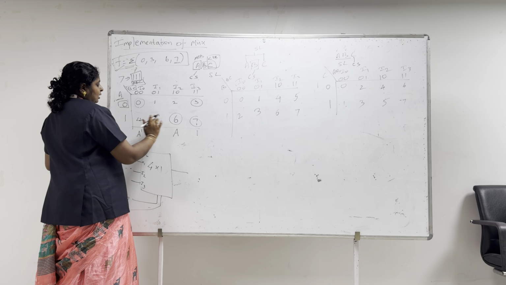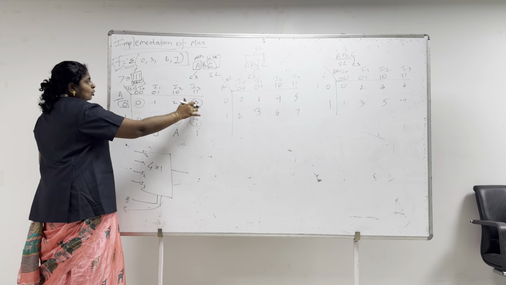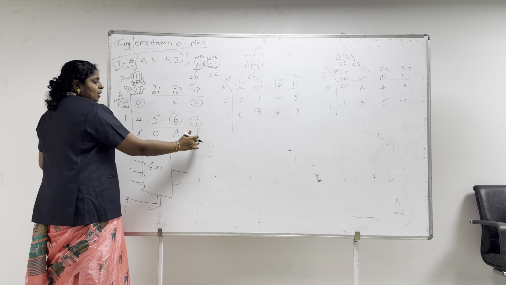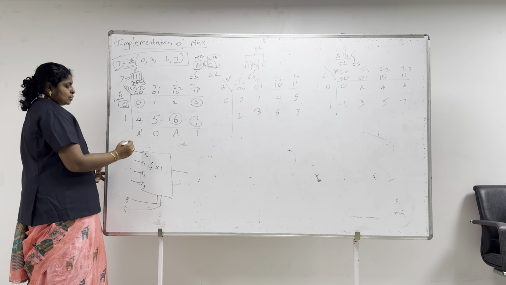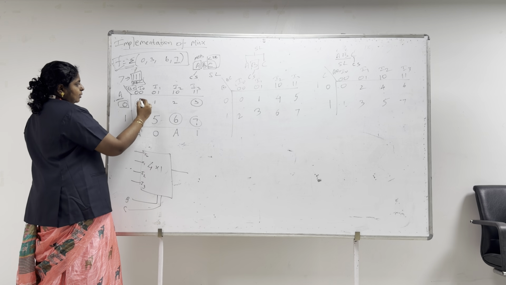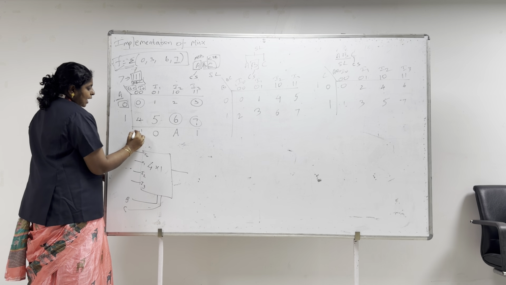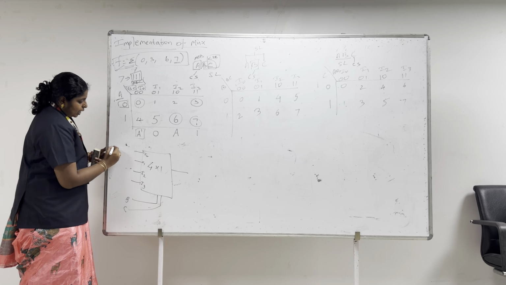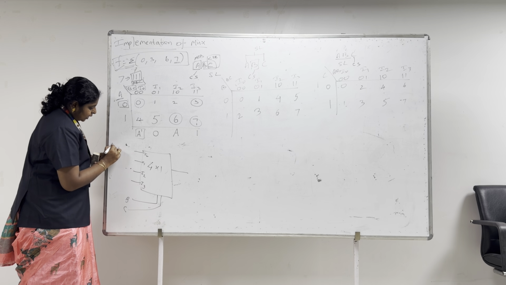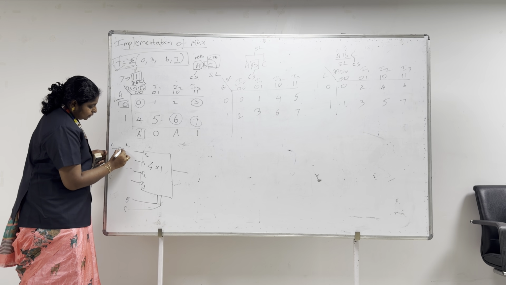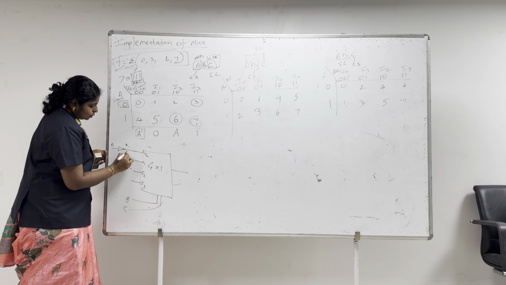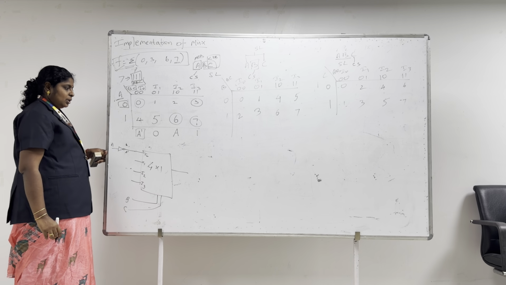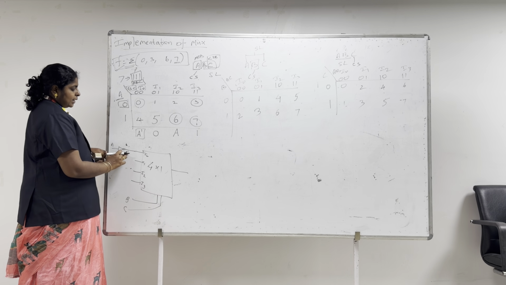Similarly I2 is A, and I3, both the functions are there, and therefore it is 1. Now coming to the diagram, after implementing this, I0 has the value A bar, so I take the A input and connect a NOT gate. So I0 is given the signal A bar.